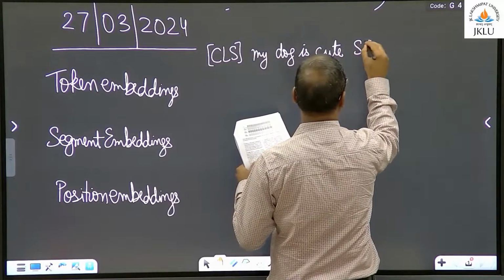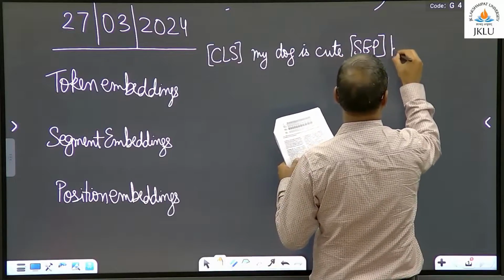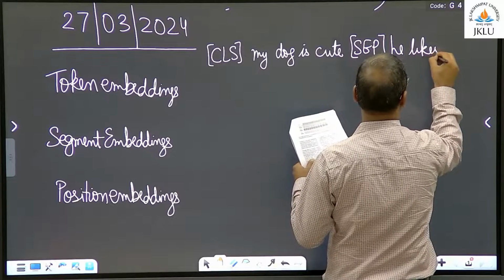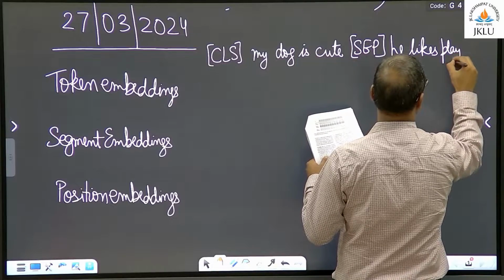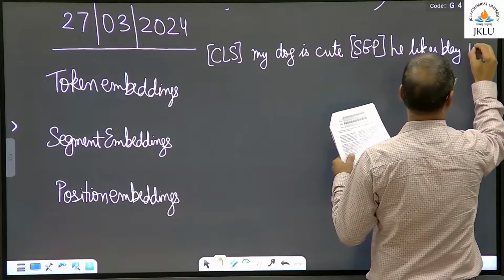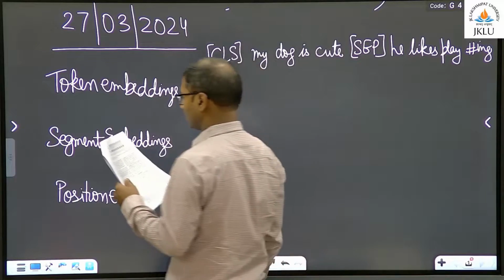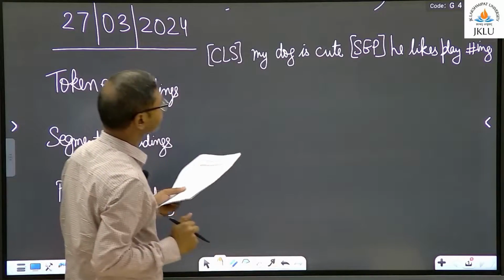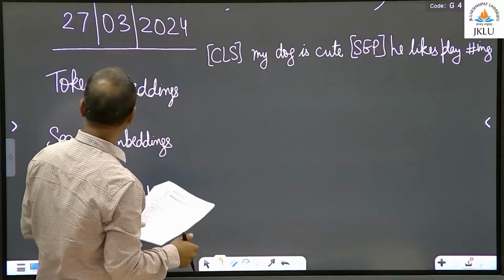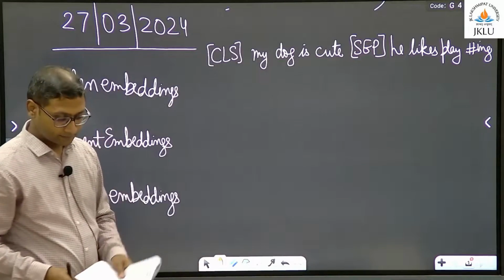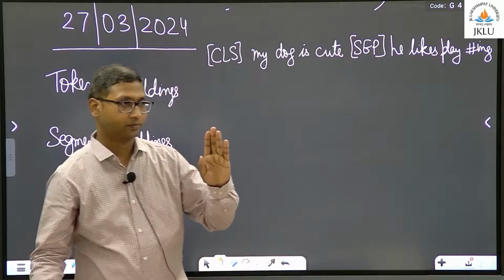Now you have a separator token, and then he likes play, #ing. Okay. I'll just keep it there, even though they have just one more thing, I won't go into that now. So what is CLS? CLS is a special token in BERT.